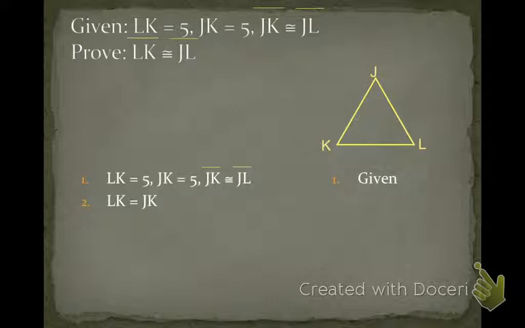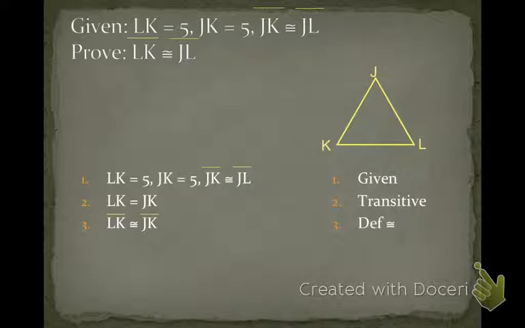Well, if the two side lengths that we know the lengths of are both 5, then we can say that their segments are equal to each other, and that's by the transitive property. One equals 5 and 5 equals the other. Okay, if their measurements are the same, if their lengths are the same, that must mean that the segments are congruent. That's by the definition of congruent segments.